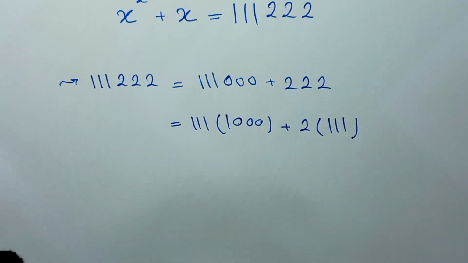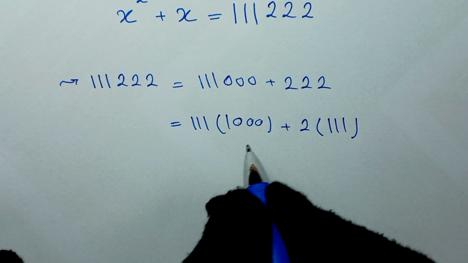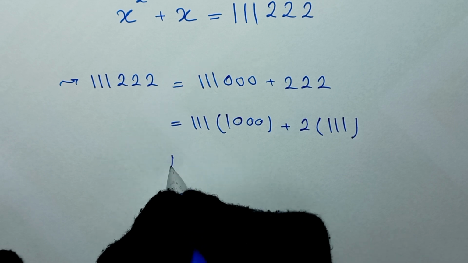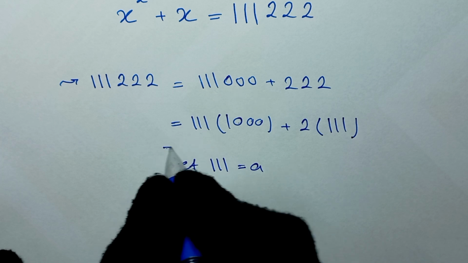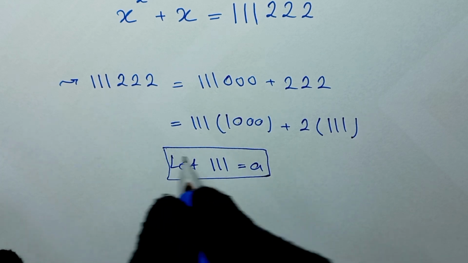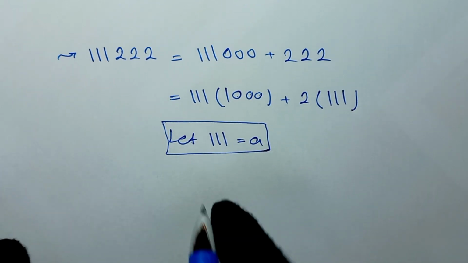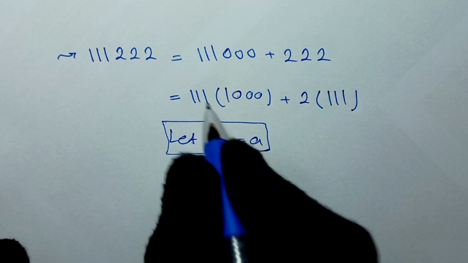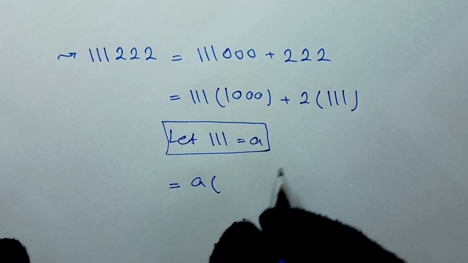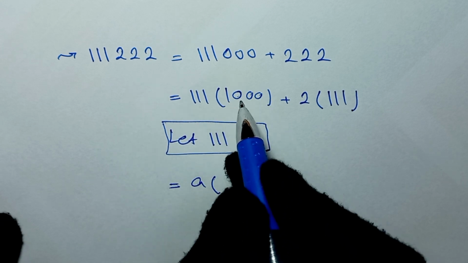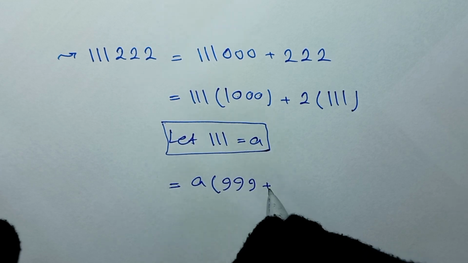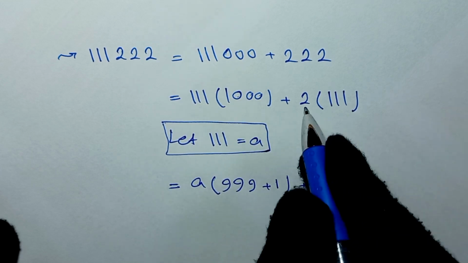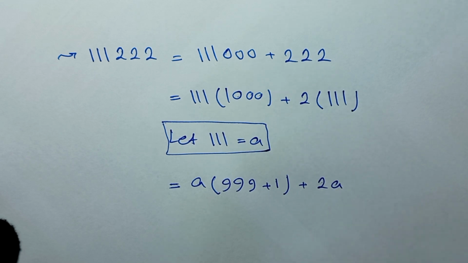Here, we let 111 be a. So we write this equation: a times 1000, and we can write 1000 as 999 plus 1, and plus 2 times a.